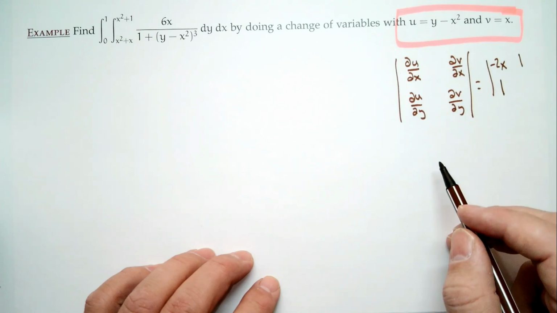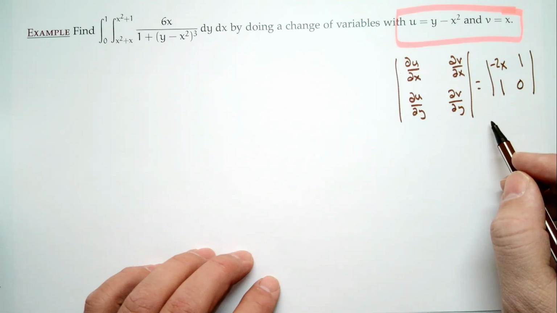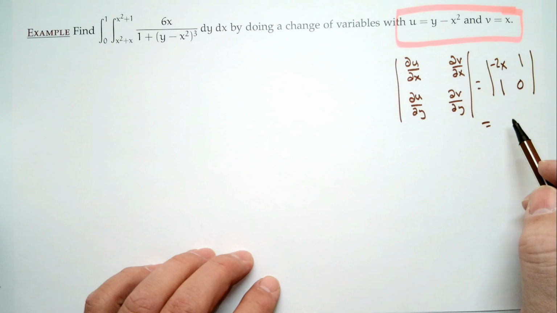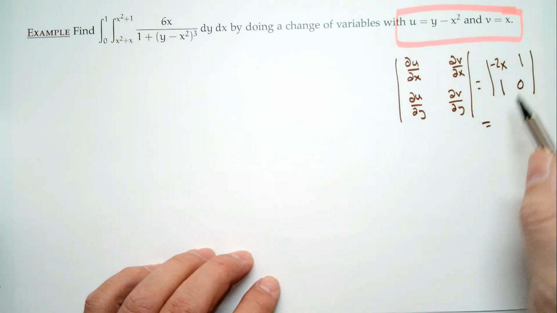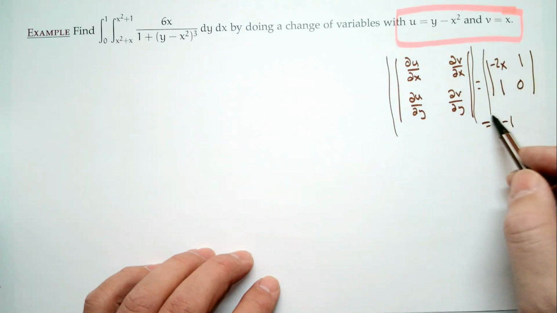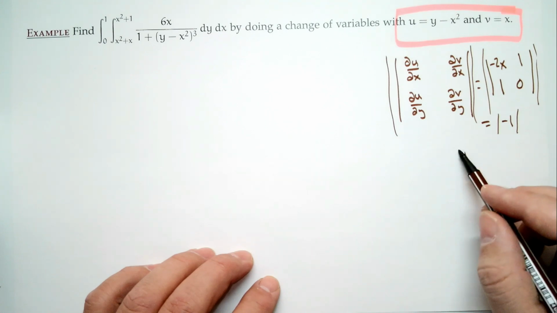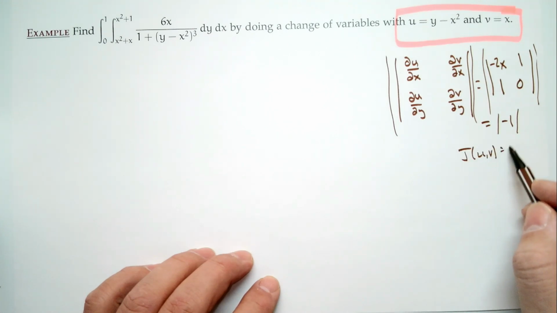What's the derivative of v with respect to y? 0. So what's our Jacobian become? Well, if you take this determinant, what do you end up with? You'll end up with negative 1. But remember that with the Jacobian, you always take the absolute value because it's always about size. So our Jacobian is 1.